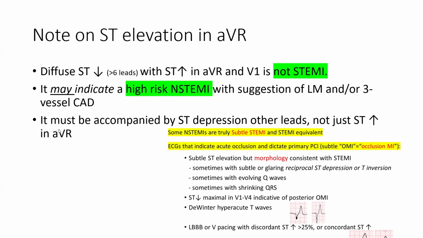ST elevation in aVR must be accompanied by ST depression in several other leads, not just isolated ST elevation in aVR. So ST elevation aVR is not STEMI or subtle STEMI. Those are the subtle STEMIs that I showed earlier, those big four, not ST elevation aVR. ST elevation aVR is at best a high-risk non-STEMI.